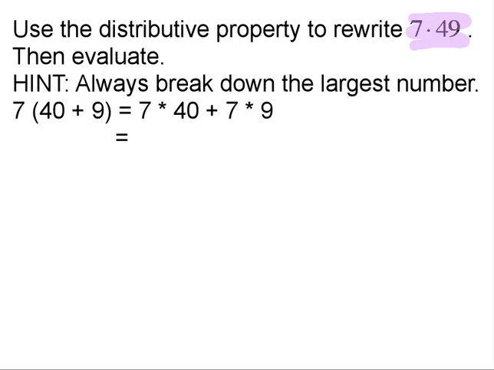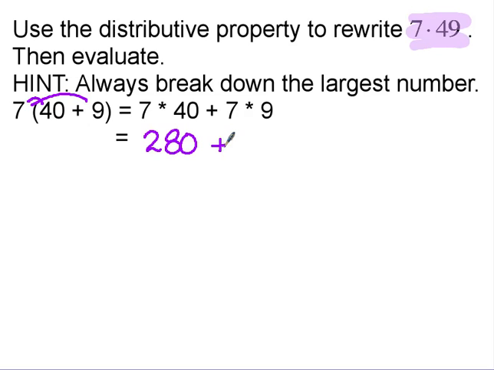Okay. So let's evaluate that. 7 times 40, which is right here, plus 7 times 9, which is right there. Now this is pretty easy, what is 7 times 4? 28. So if I add a 0 here, that's 280.